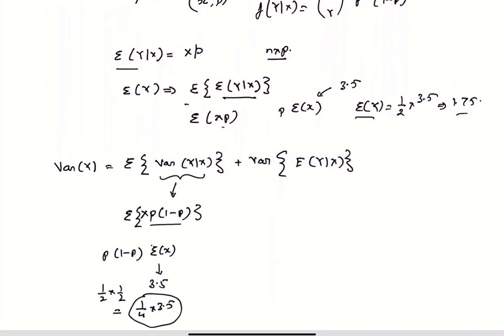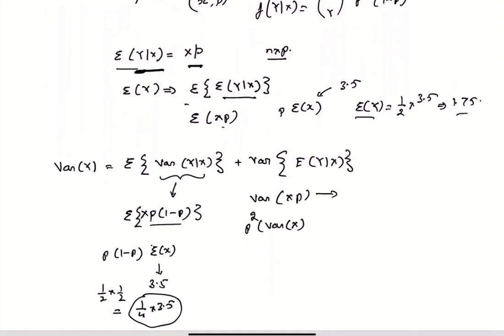So we got that taken care of. But now we have to deal with this thing. What is the variance of the expected value of y given x? We already know the expected value of y given x is xp. So that just becomes the variance of xp. Now, p doesn't come out as it is, p becomes p square.